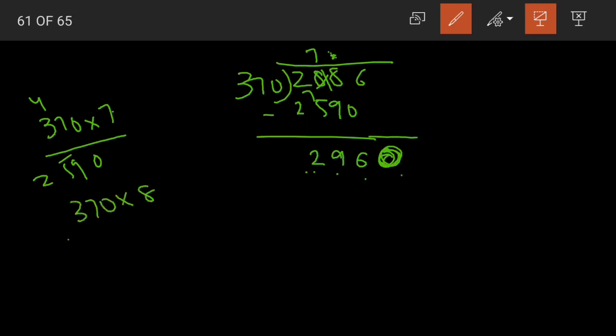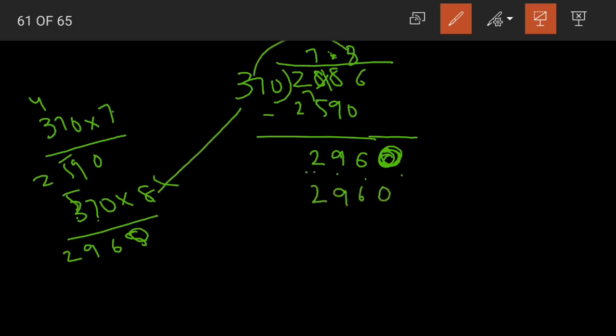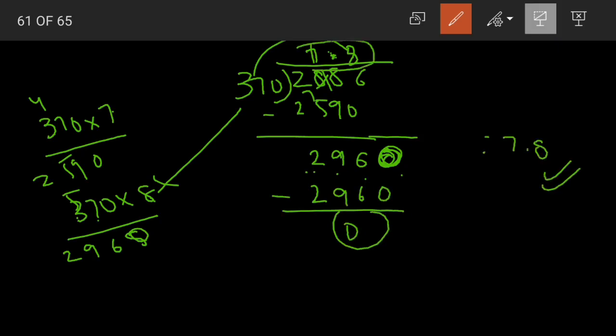Now we have 370 into 8: 8 zeros are 0, 8 sevens are 56, 8 threes are 24 plus 5, 29. It divides exactly. 2960, and when we subtract, 0 is our remainder. So 7.8 becomes our answer here.